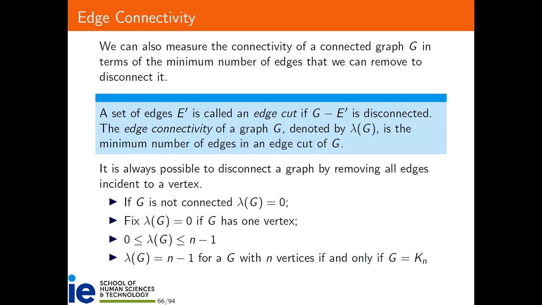So first we define an edge cut as we define the vertex cut, which is a subset of the edge set, such that by deleting those edges, the graph becomes disconnected.